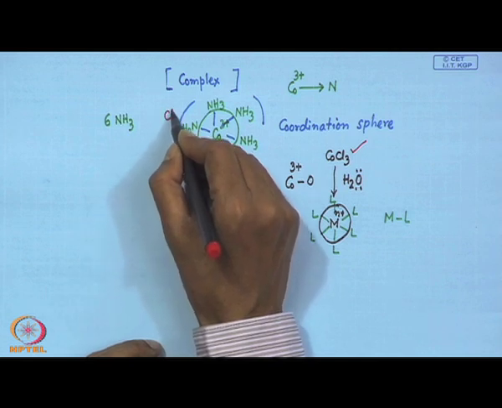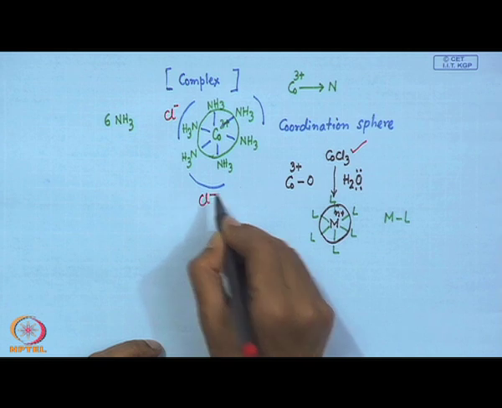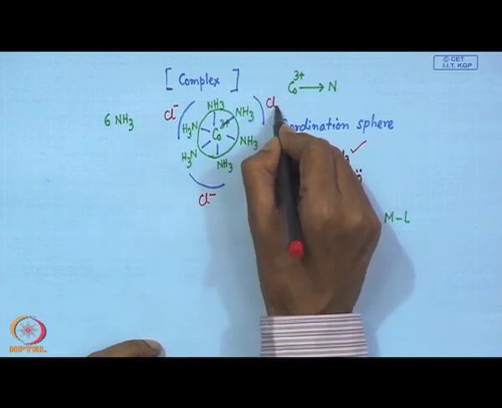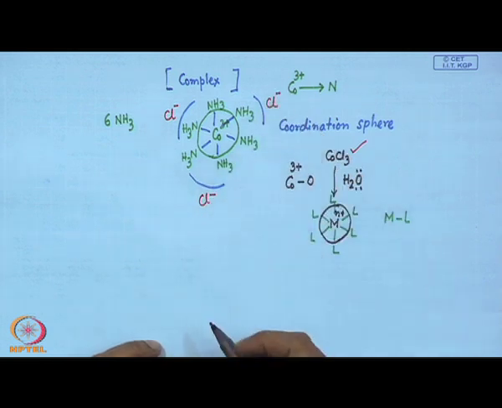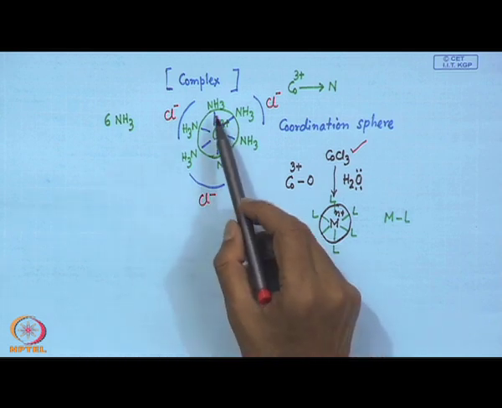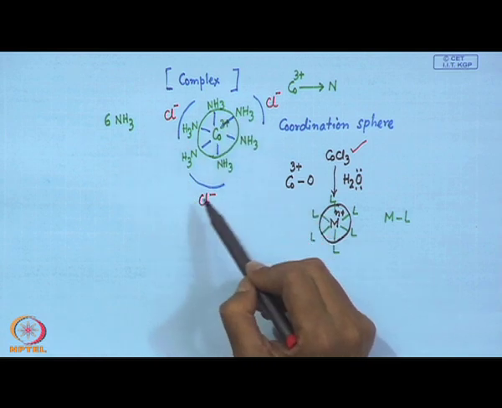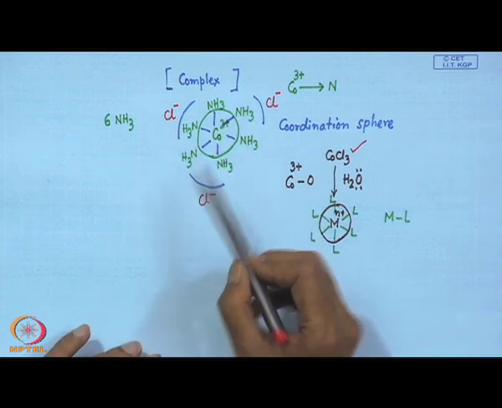So, Cl minus will be here, Cl minus will be here, and this Cl minus will be here.